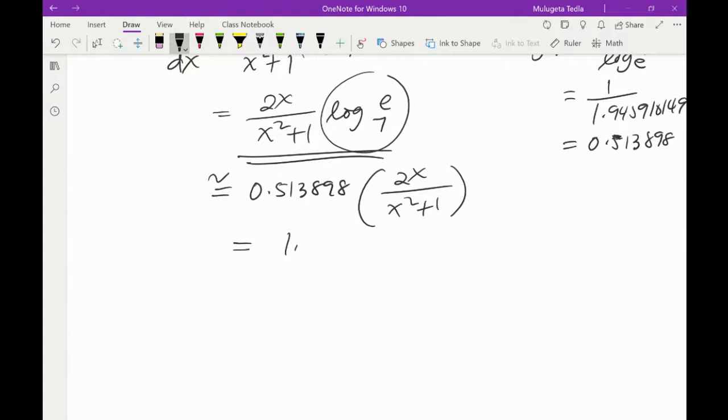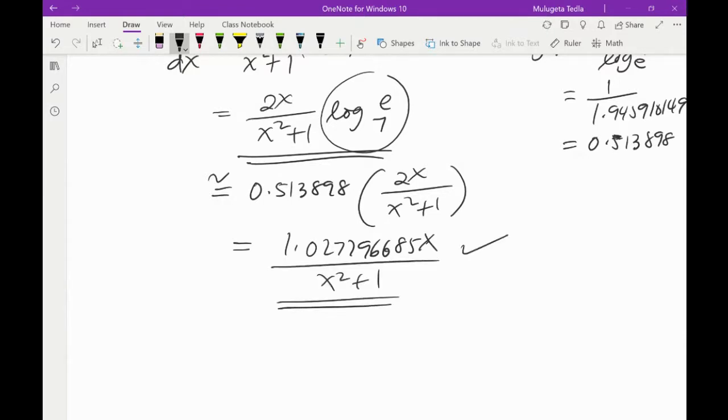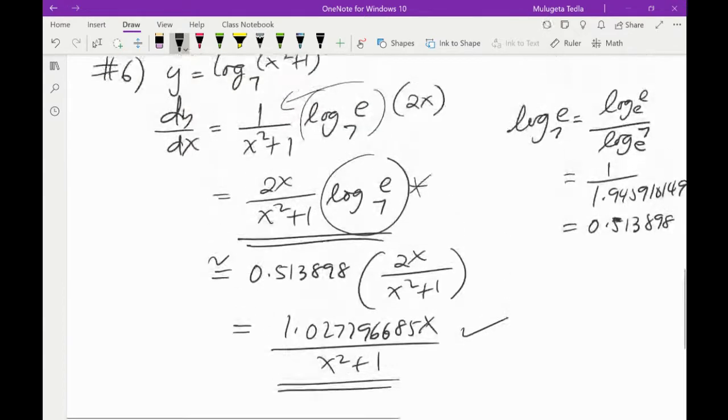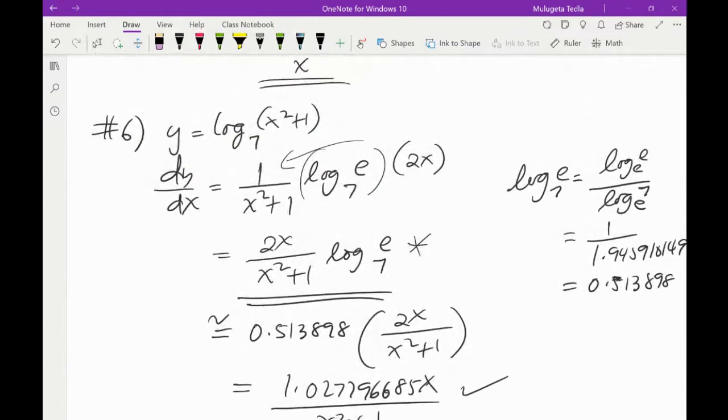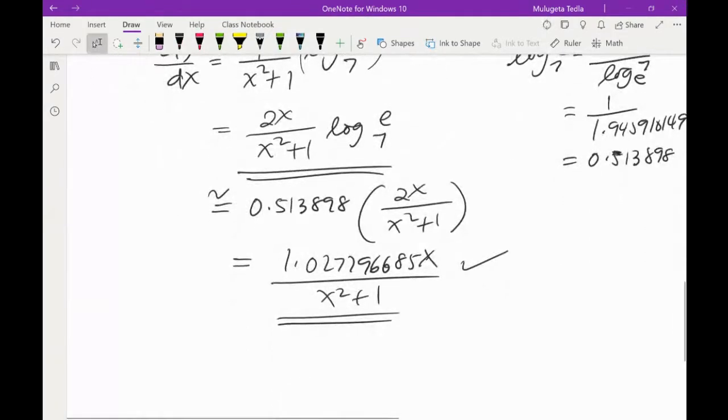It would be 1.027796685x over x squared plus 1. If someone does this, I can't complain because that's the exact value of that. But actually, I prefer to leave it like that, unless you want a number for your measurement. Then you have to change that into that.